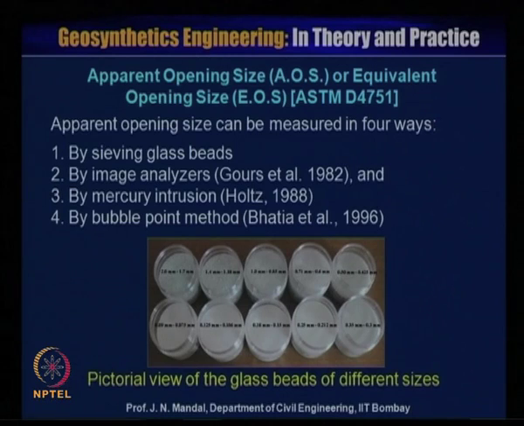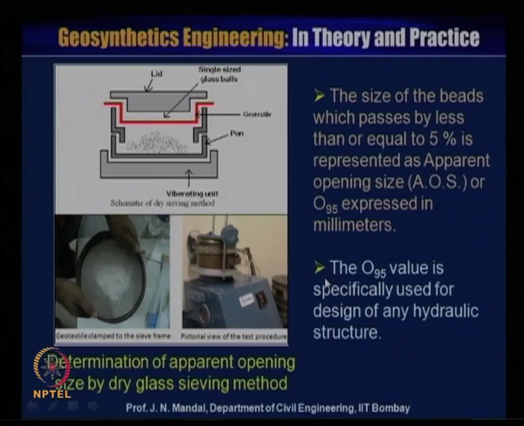So we use the glass beads. You can see here different types of glass beads, this 2.8 millimeter, 1 millimeter, and we have also conducted the apparent opening size test of some of the materials.